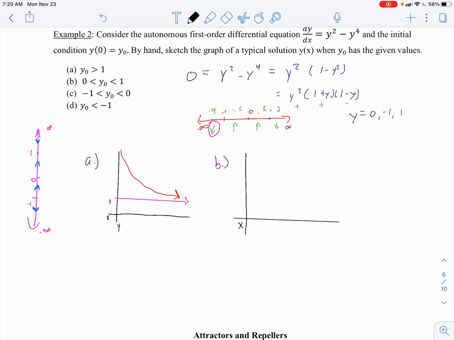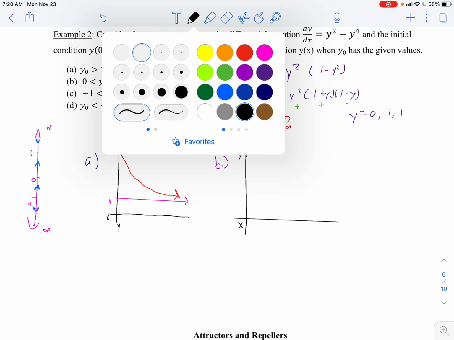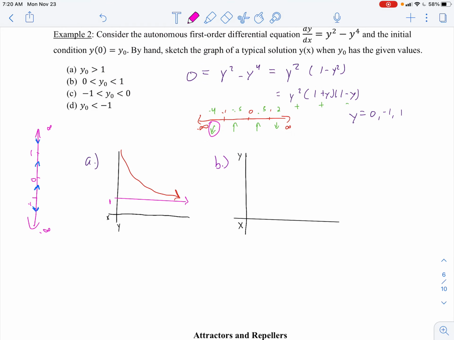So there's x, there's y. And now again, we have solutions at 0, so I'm going to go ahead and mark my solution at 0. And then I'm going to do my solution at 1.